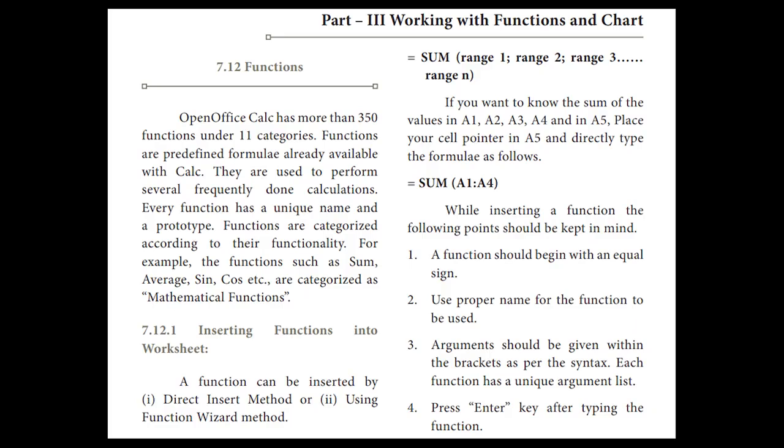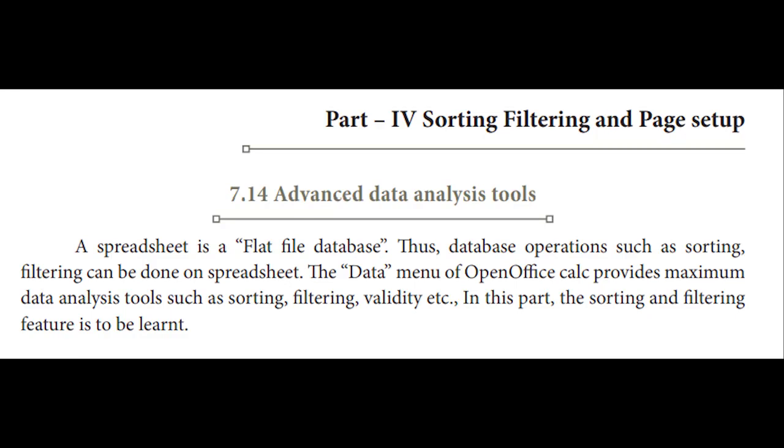And you can change the labels also, x axis value, y axis value, or the average things, the numbers and all. Also you can make it big, small, or you can change the letters, wordings, everything. Then sorting by selection, sorting by name, everything you can do here in OpenOffice Calc.